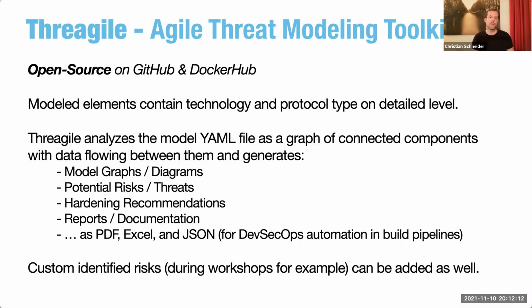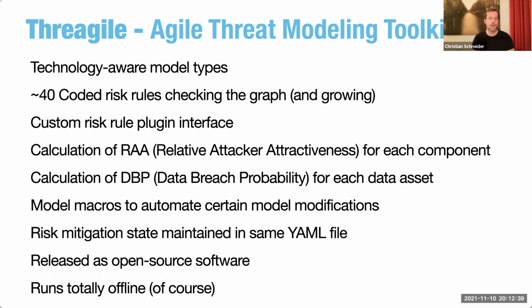So you model the classic threat modeling things in a YAML file, including the data assets, the technical components, as well as the connections and trust boundaries. And the tool does analyze that as a graph of connected components and has some risk rules built in that can also be extended to derive those aforementioned things like the model graphs, potential risks, mitigation recommendations, and stuff out of that.